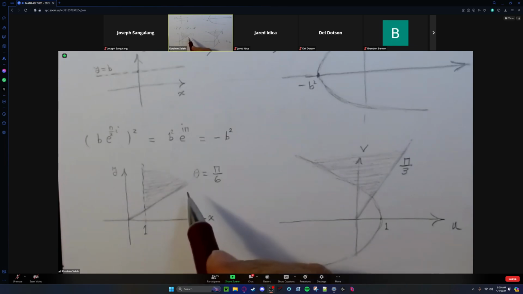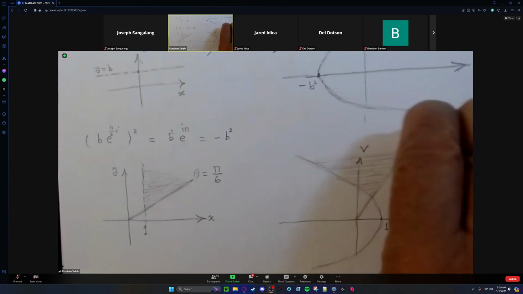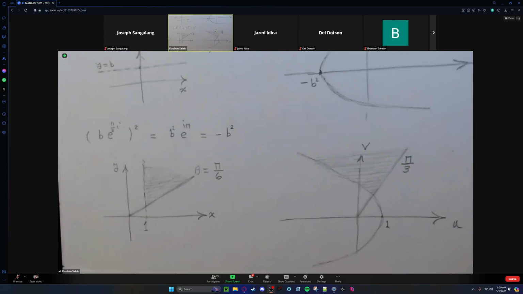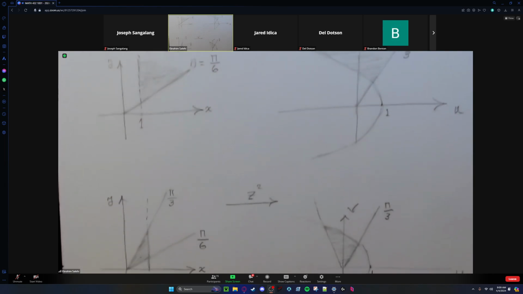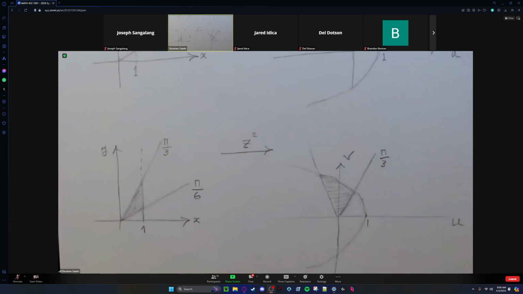This is the line theta equal pi over 6. That becomes theta equal pi over 3. Any comment? Oh, here's another one. This triangular region.